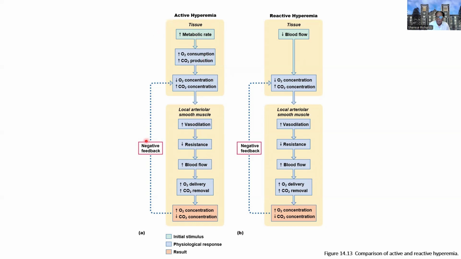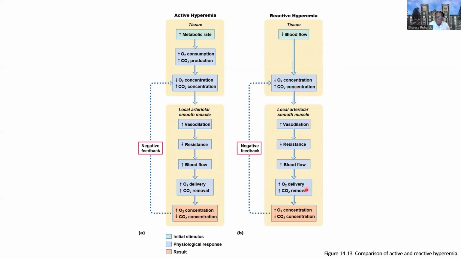So this is active hyperemia, and we can compare that to reactive hyperemia. So there's no increase in metabolic demand here. Instead, we have a blockage to blood flow. So the blood flow to the area decreases, and then that also results in less oxygen, more CO2.